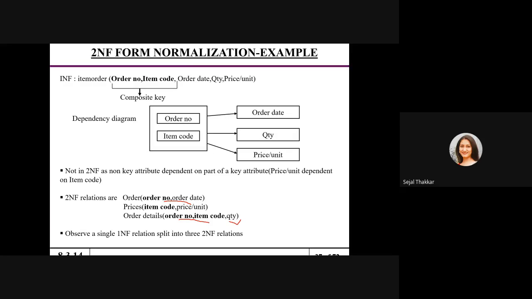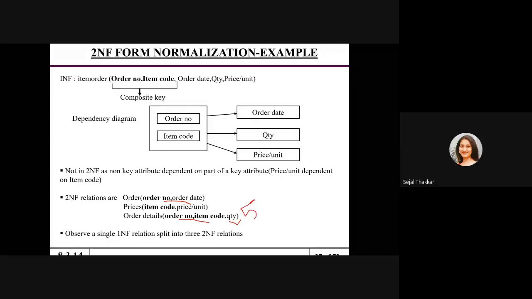Suppose I need 5 bags of washing powder. So this quantity of 5 depends on both things. Suppose I have ordered 5 packets of Ariel washing powder. That 5 packets depends on the Ariel item code plus the order number I have placed. So this attribute depends on these two attributes.